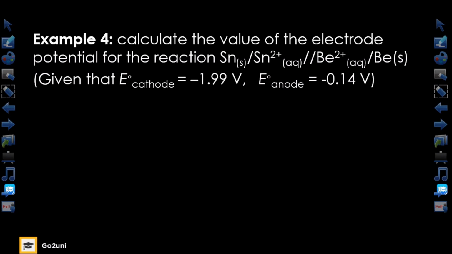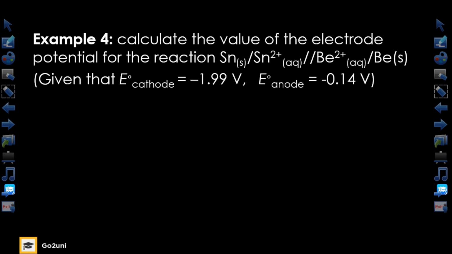So having seen tin being oxidized from the equation, and beryllium being reduced, the value that will be assigned to each of them will be that for cathode and anode. Tin has been oxidized. Which of these is the value for tin, since tin has been oxidized?